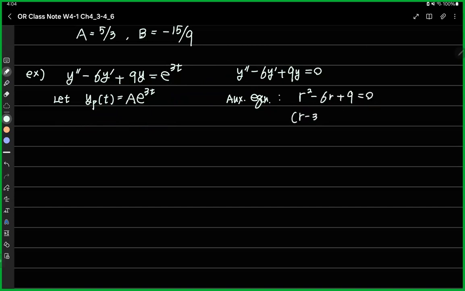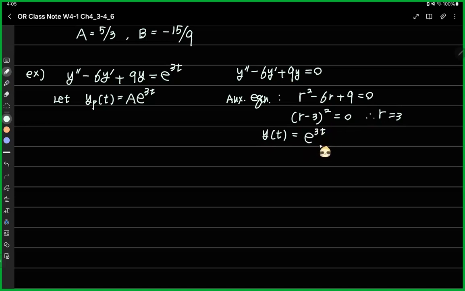So (r minus 3) squared equals 0, and r is 3. That means a solution to that homogeneous equation is e to the 3t.